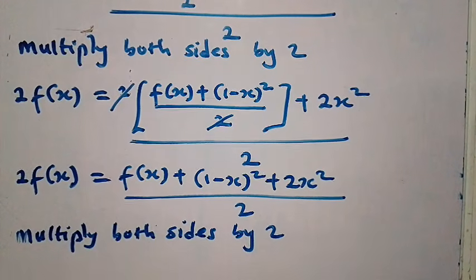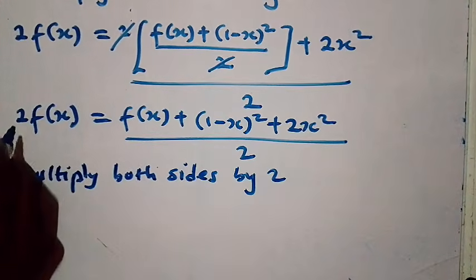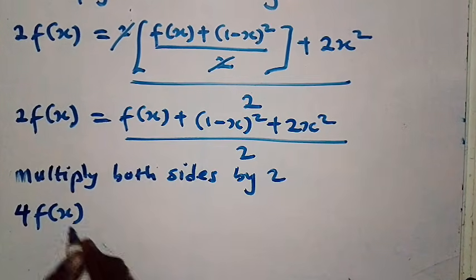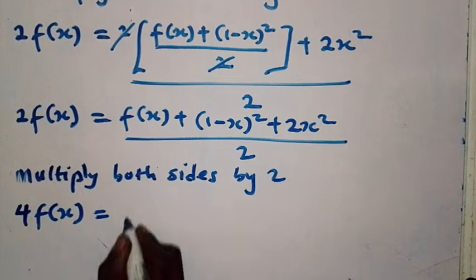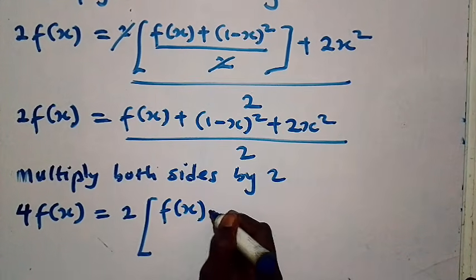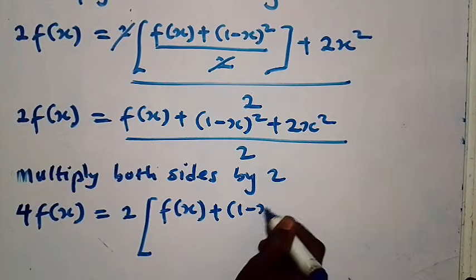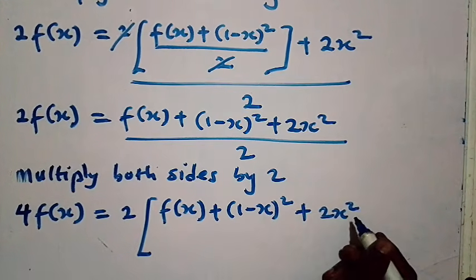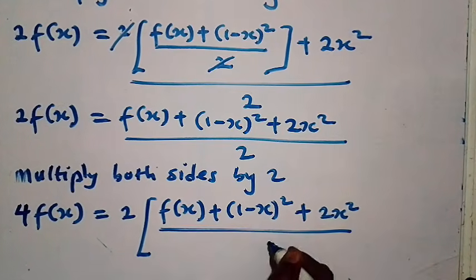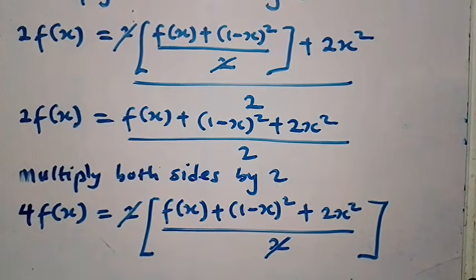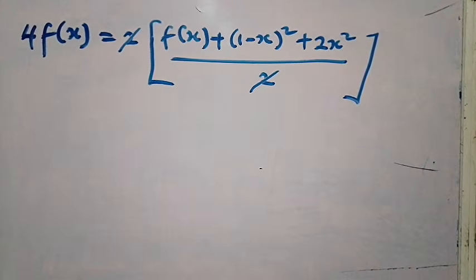If we multiply both sides by 2 again, 2 multiplied by 2 here will give us 4 f of x equals 2 into the bracket f of x plus 1 minus x squared plus 2x squared, everything divided by 2. Here 2 will cancel out 2.